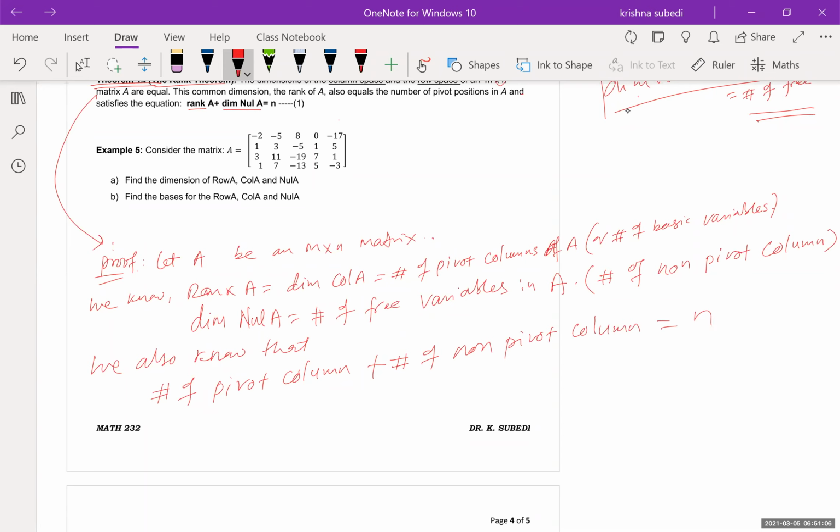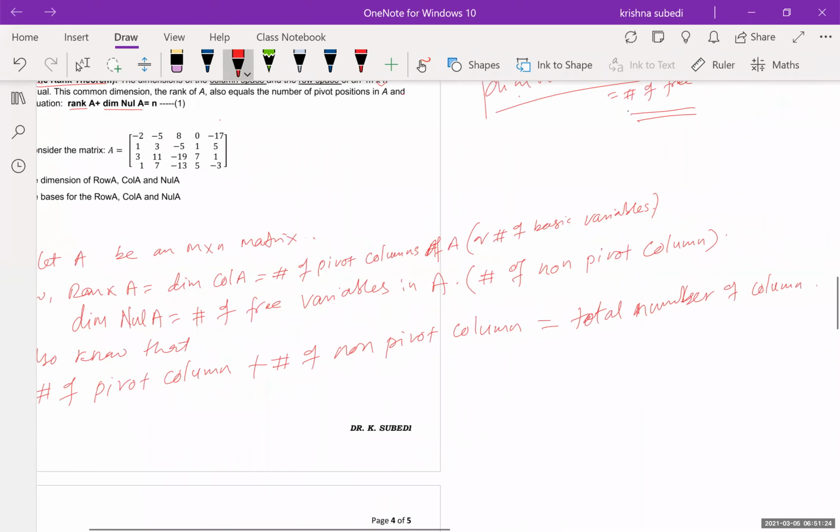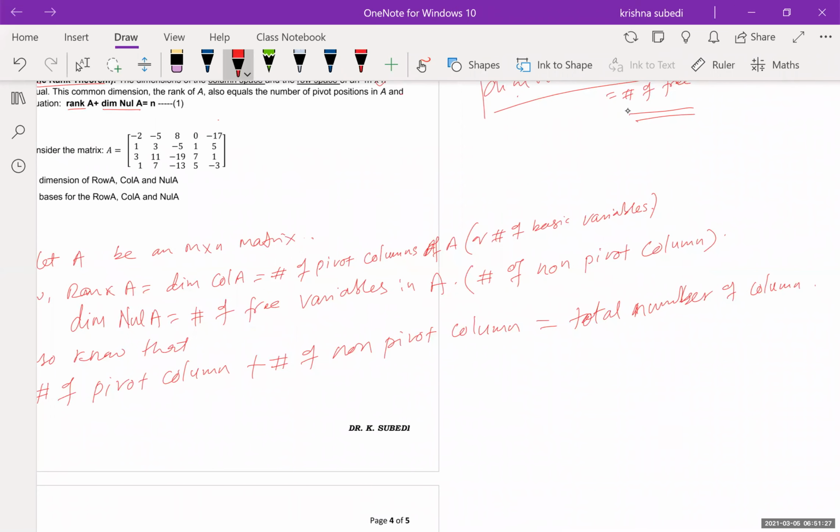must be equal to the total number of columns. We know that number of pivot columns plus number of non-pivot columns must be the total number of columns.